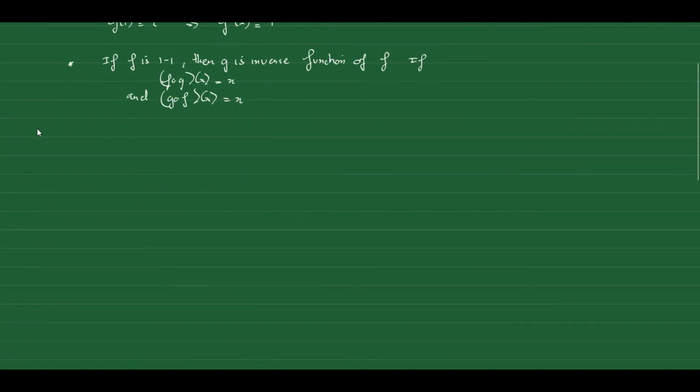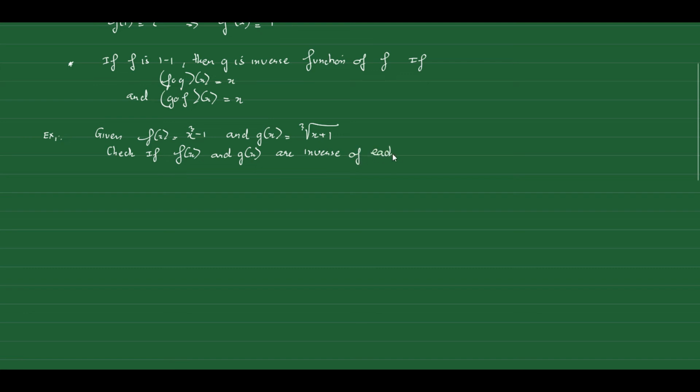Okay, for example, given two functions, f of x is x to the third minus 1, and g of x equals the cube root of x plus 1, and we want to check if f of x and g of x are inverses of each other.